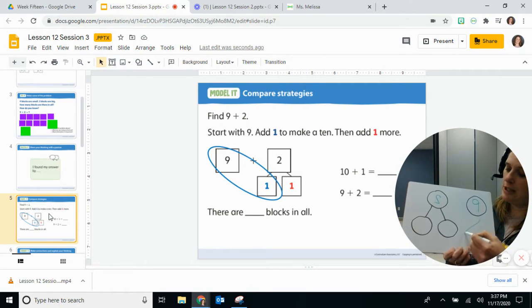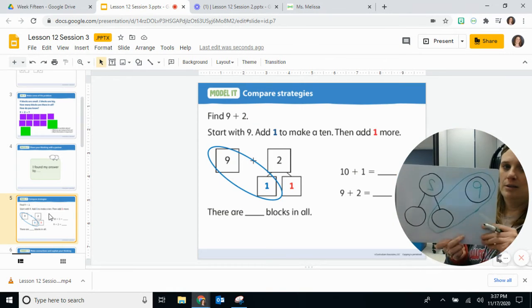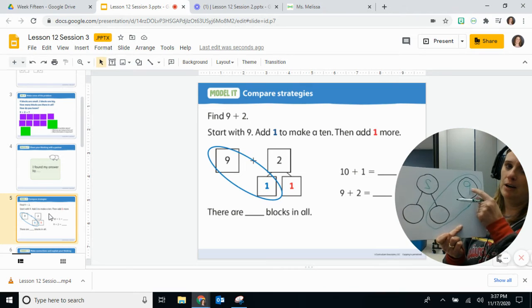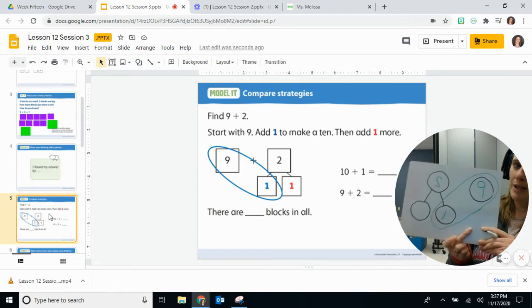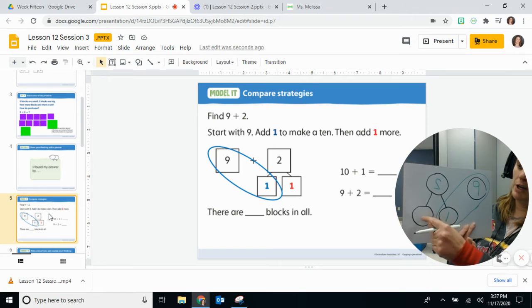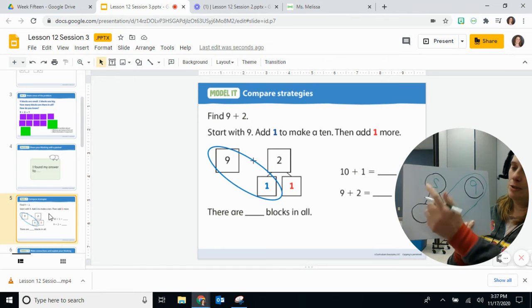And they want you to look at these 2. So I'm going to look at my bottom one down here, and then the number I already have. And to turn those into a 10, to fill up my 10 frame, I'm going to put this 1 right here. So now what goes in this number bond? 1 plus 1 equals 2.